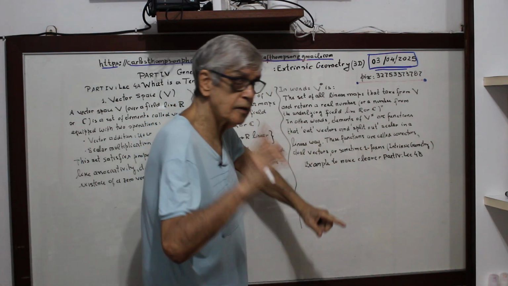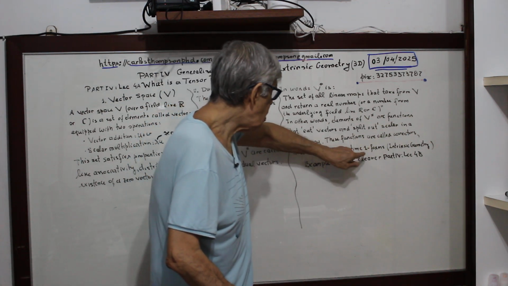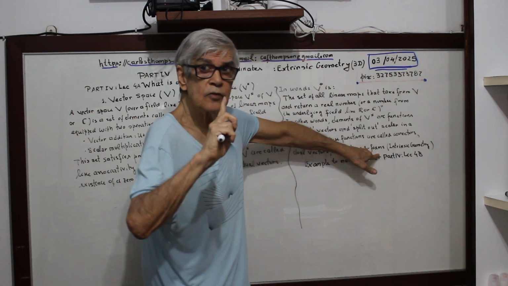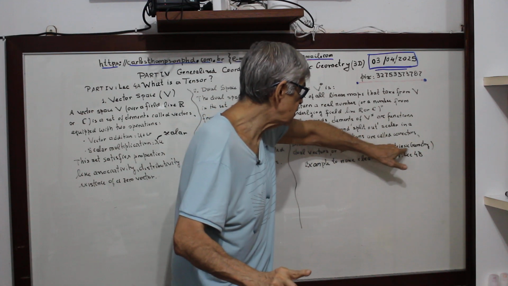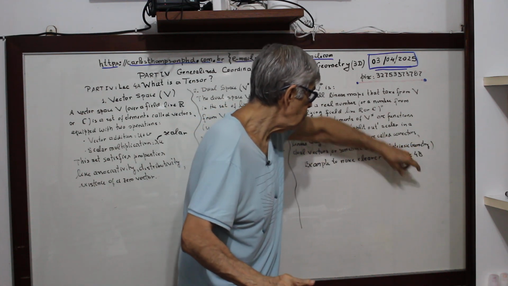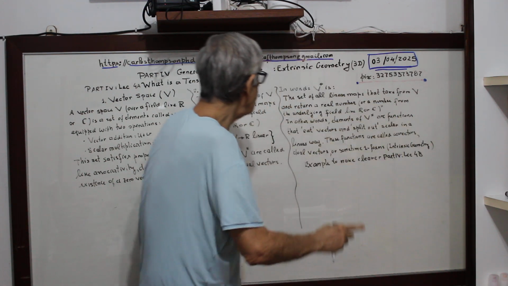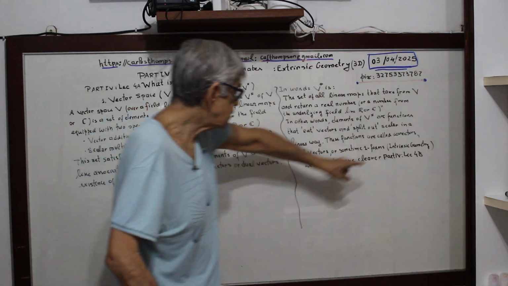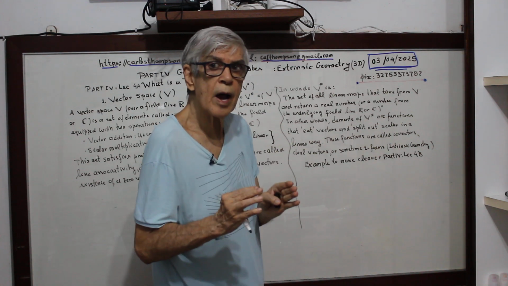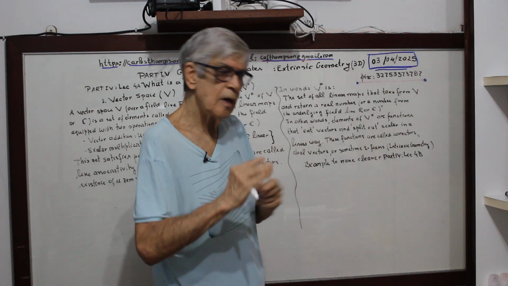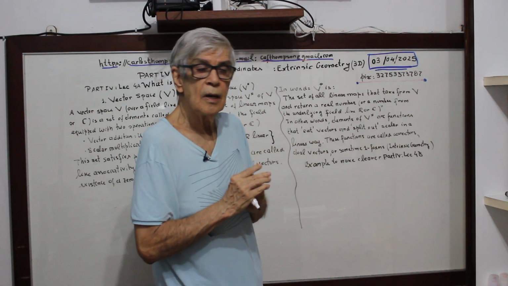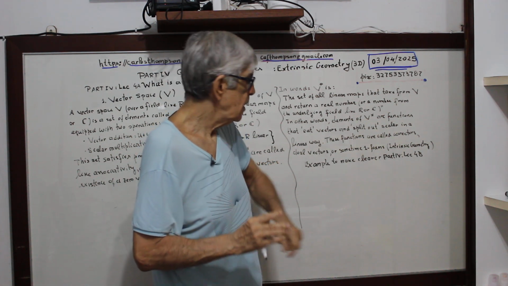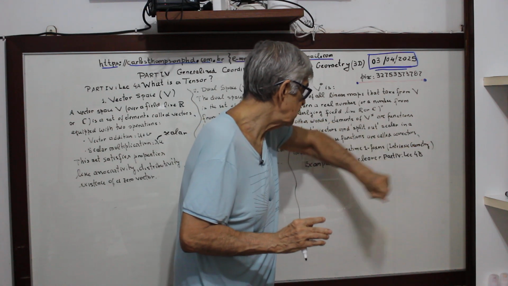Sometimes it is also called a one-form. A one-form is related to the intrinsic geometry, which has nothing to do with the extrinsic geometry. This can be applied to R3 and also to R4, this intrinsic geometry.